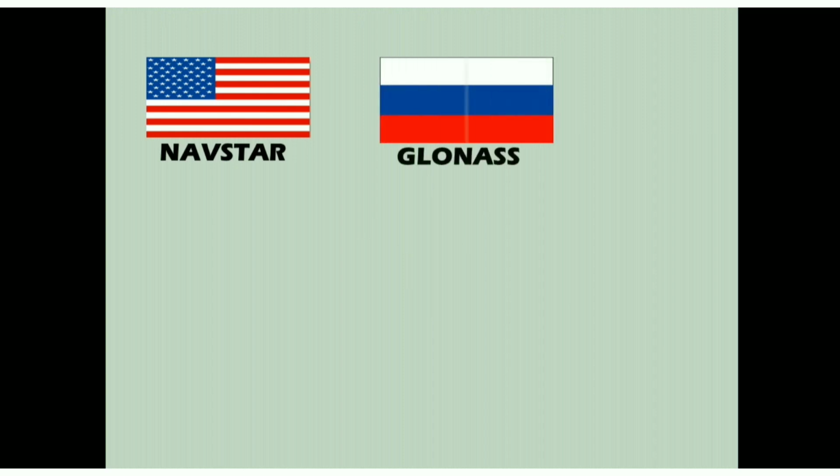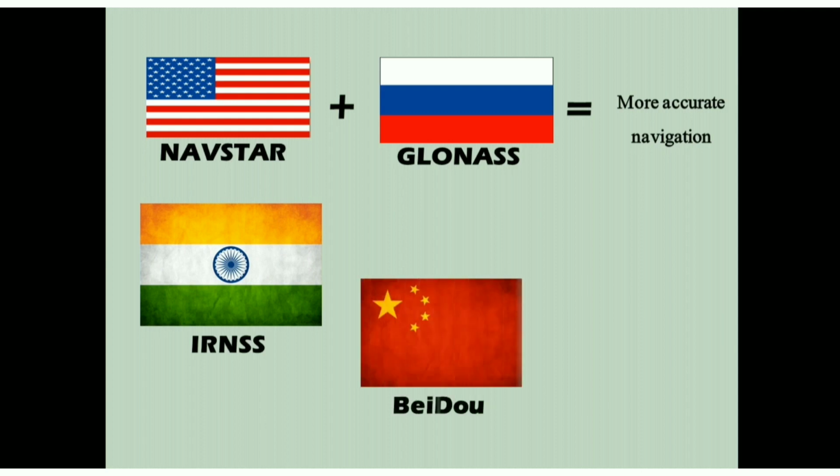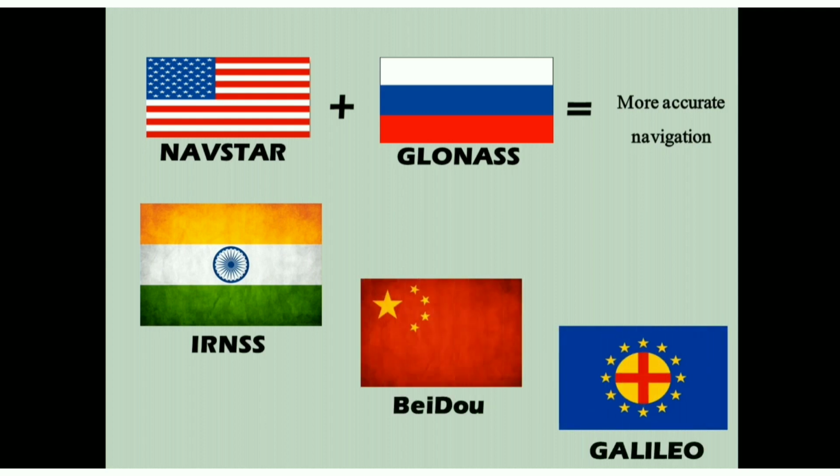GPS and also GLONASS of Russia are used for navigation to get accurate positioning around the whole world. Besides Navstar and GLONASS, there are more navigation satellites around our world, but they are used only for their own country's purposes, like IRNSS in India, Beidou of China, and Galileo of the European Union.